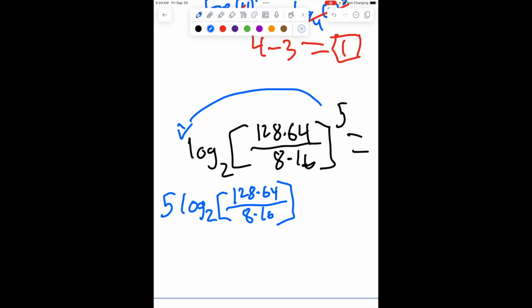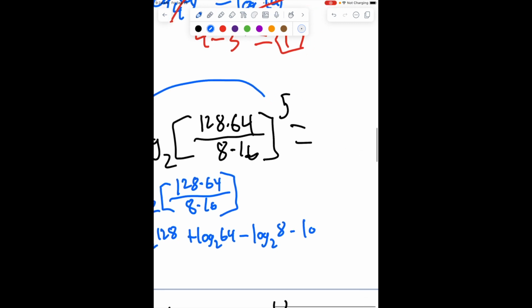The first thing I see is I've got multiplication on the top. So I'm going to split this apart, keep my 5 outside, and I'm going to say log base 2 of 128 plus log base 2 of 64 minus, because I'm on the division part, log base 2 of 8 minus log base 2 of 16.